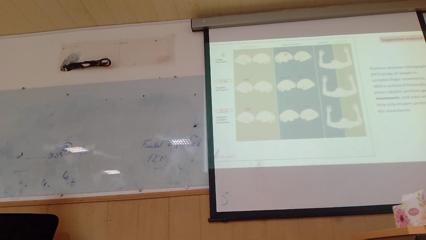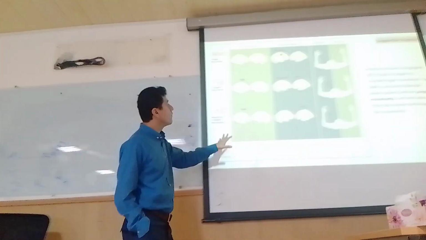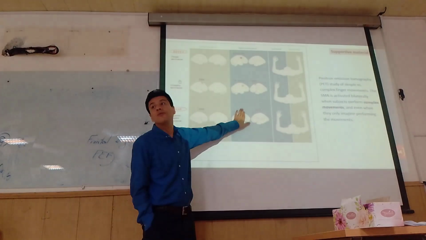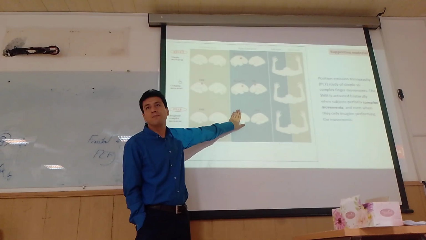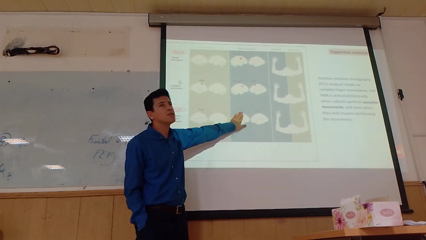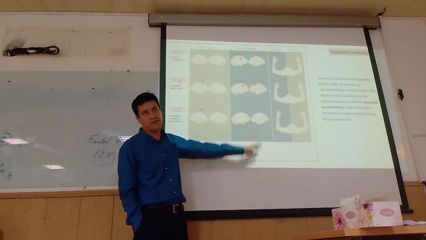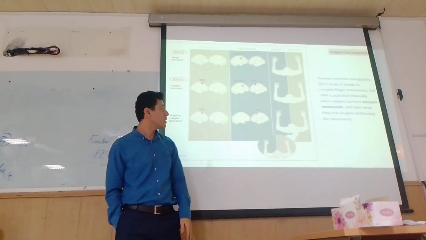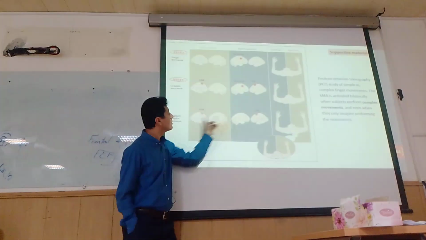So, for planning and for thinking, you need the supplementary motor area on both sides. But for performing, because you don't want to perform the action, then you don't need the primary motor cortex. Got it?